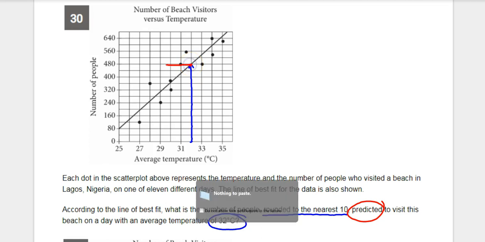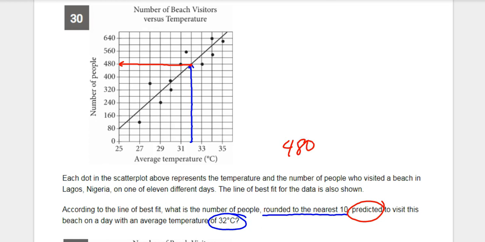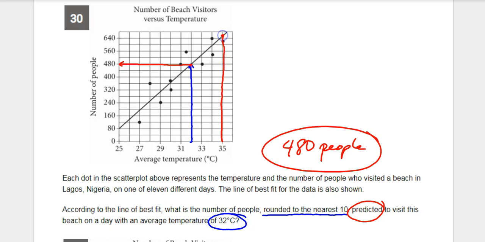So now I need to go straight over. And it looks like 480. So we would expect 480 people to be there on a day where it's 32. You know, if they would have said 35, then I would have gone up to 35, hit that line right there, and gone straight across.